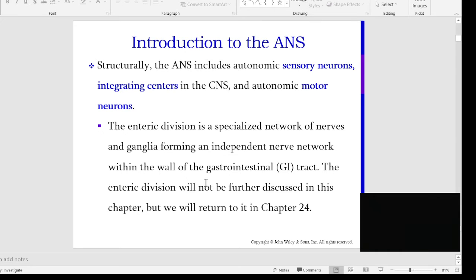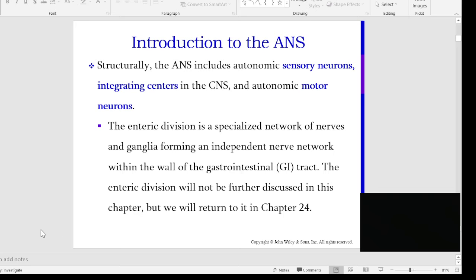Usually the enteric division is responsible for the stomach and small intestine, the gastrointestinal tract.